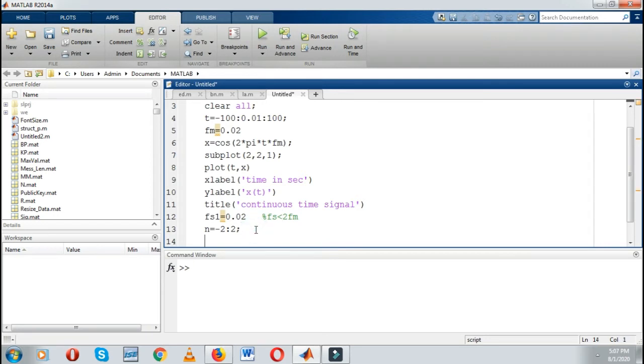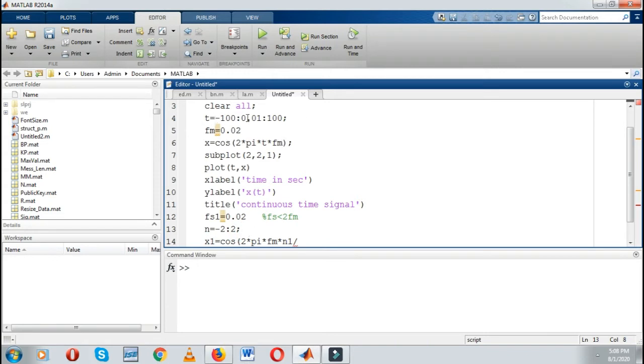Okay, so again I have to take that signal, x1 is equal to cos in bracket, the same signal, 2 pi into fm into n divided by, because here I have taken a different interval, minus 2 to 2.